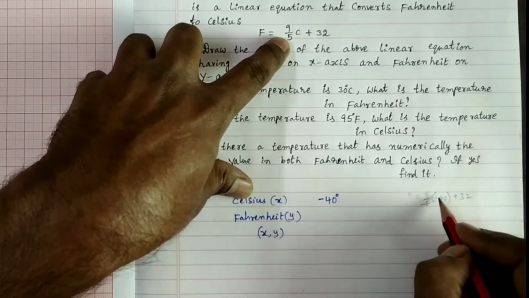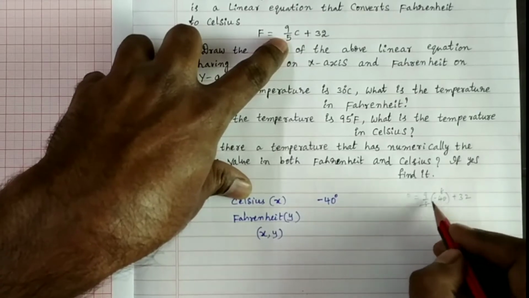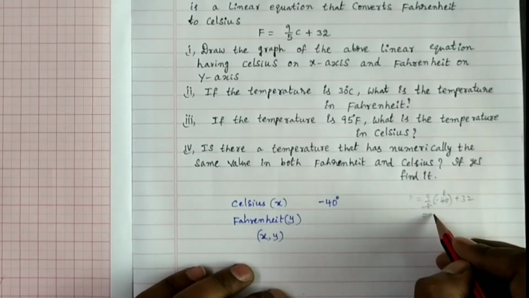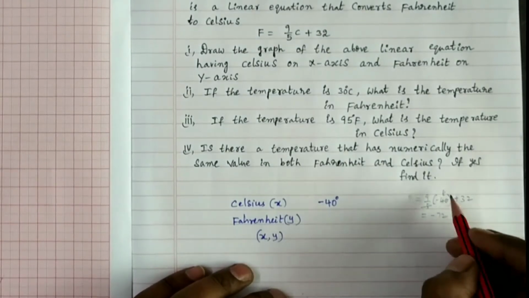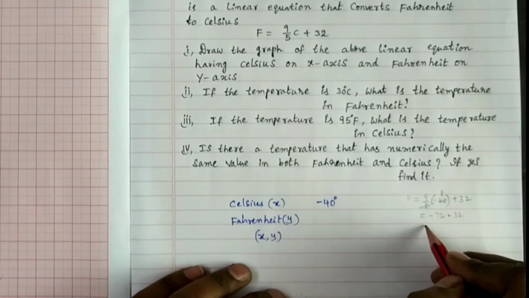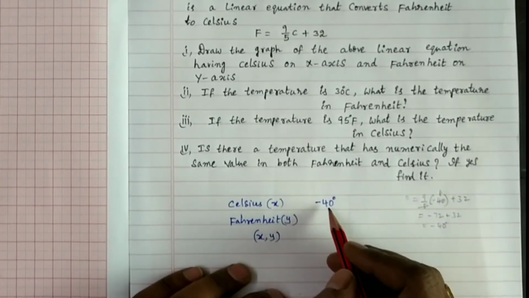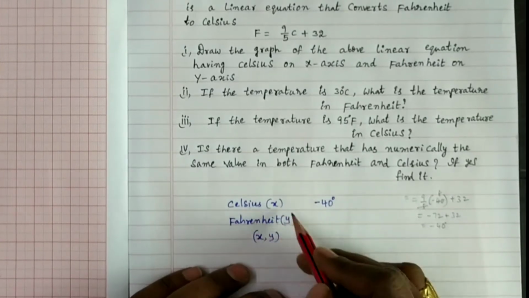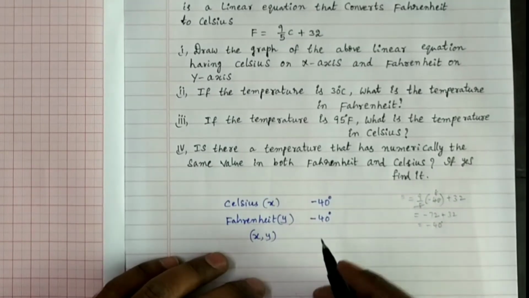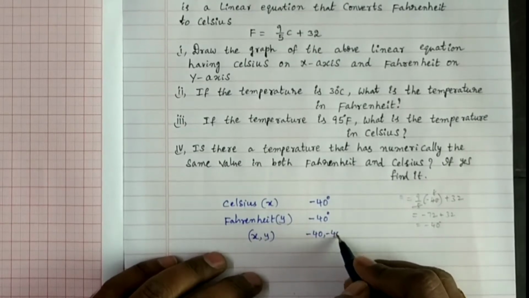So 5 in 40, 8 times. 9 8s are 72, minus 72. Plus into minus is minus, plus 32. So minus 72 plus 32 equals minus 40 degrees. So if we substitute minus 40 degrees Celsius, then Fahrenheit is also minus 40 degrees. So the point is minus 40 comma minus 40.